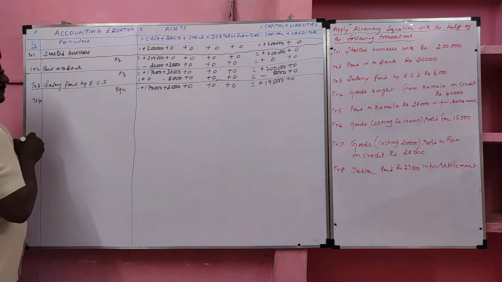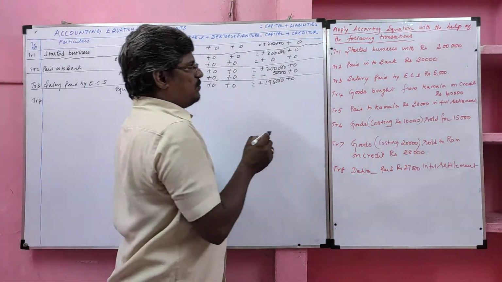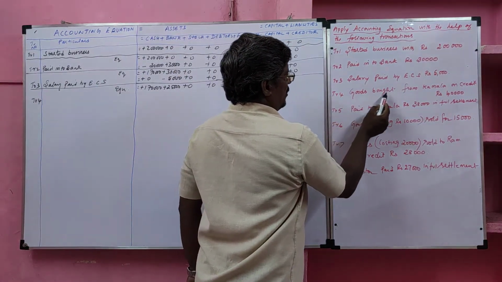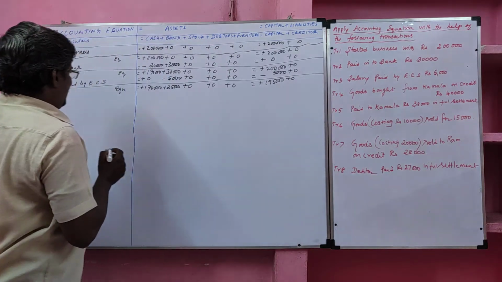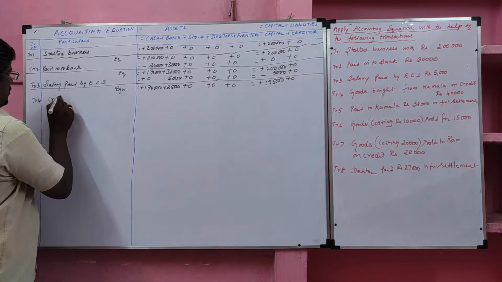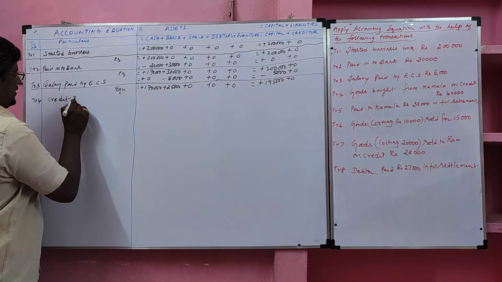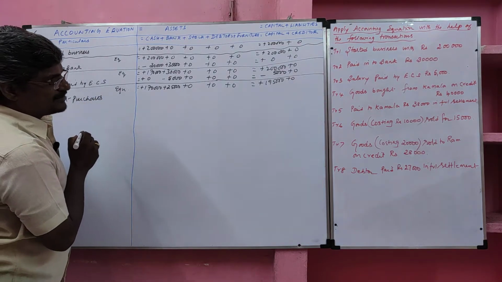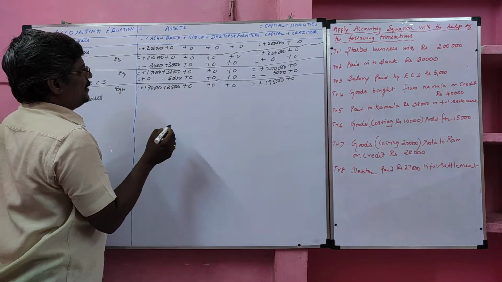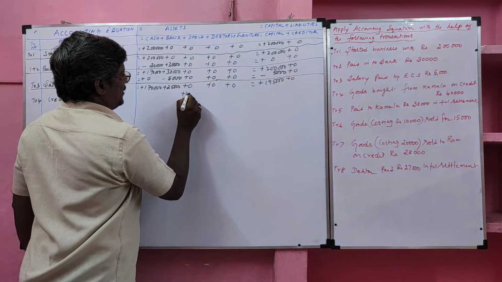Transaction number 4. Goods bought from Kamala on credit, rupees 40,000. We can call it a credit purchase. How much worth of goods purchased? 40,000. What happened? Our stock level increases.